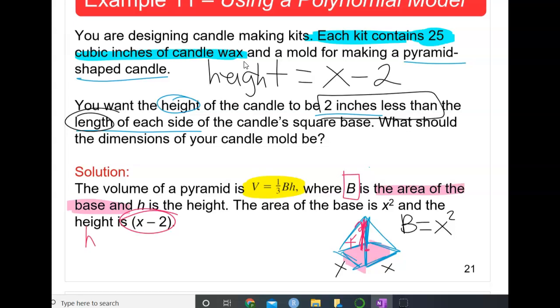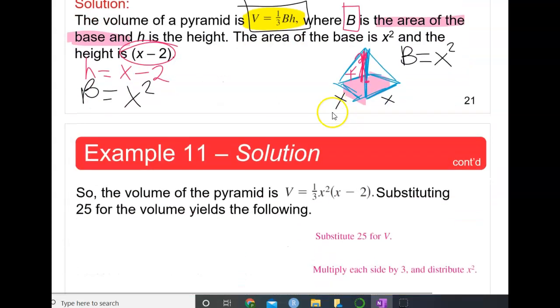So if h is x minus 2 and the area of the base is equal to x squared, we use the formula for the volume of the pyramid, which is 1/3 of the area of the base.